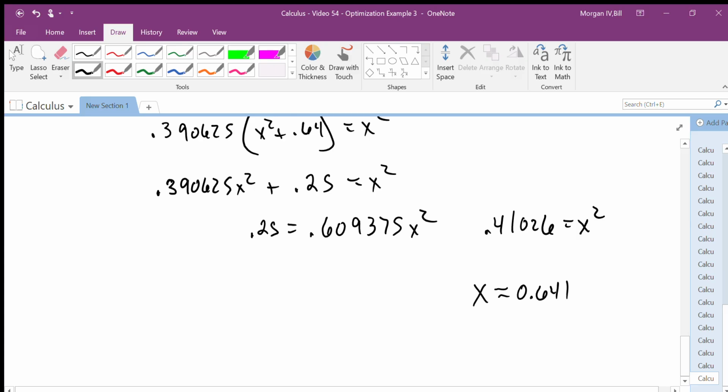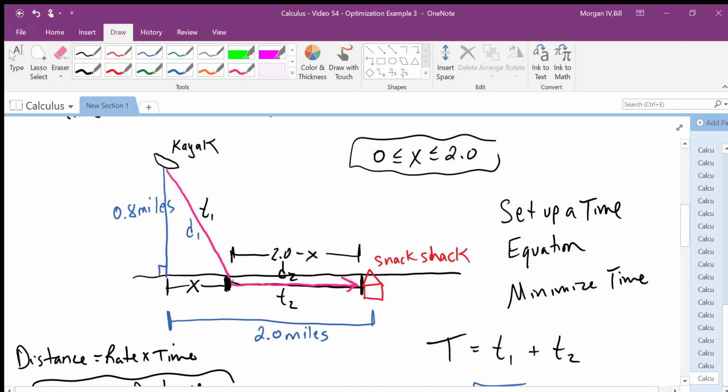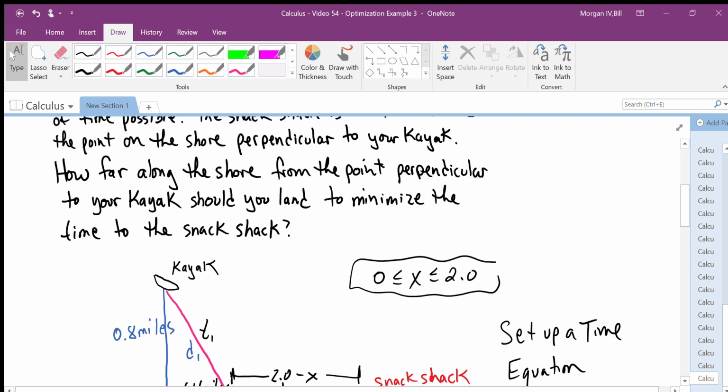Okay, let's go back and think about what was x. X is 0.641. In other words, what we're saying here is we should kayak to a point at 0.64 miles along the shoreline, and then walk 1.36 miles the rest of the way to the snack shack. Okay, did that answer our question?